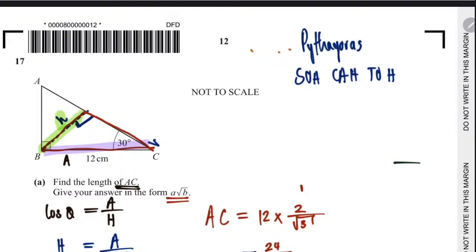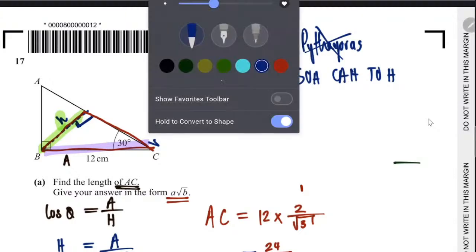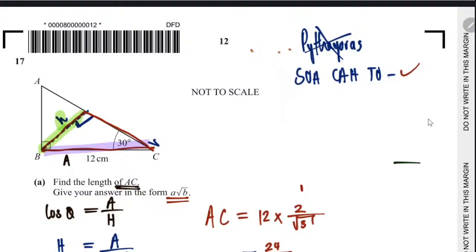So that means Pythagoras is out. To use Pythagoras, we must know two sides and be looking for the third one on a right angle triangle. So automatically we are using SOHCAHTOA. Once you have chosen the method, label your triangle.